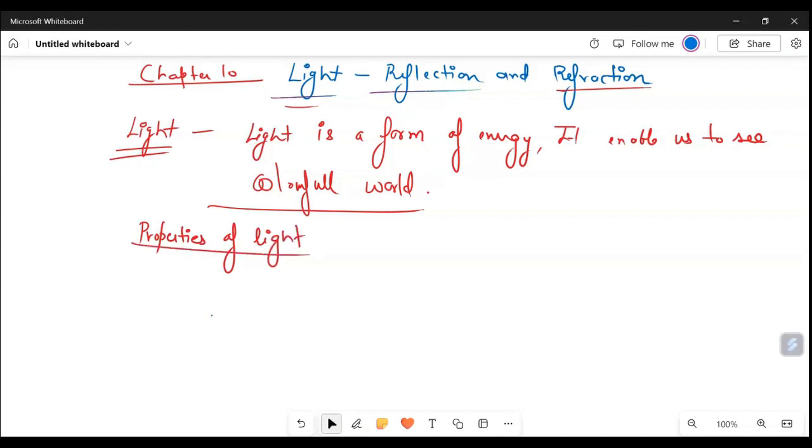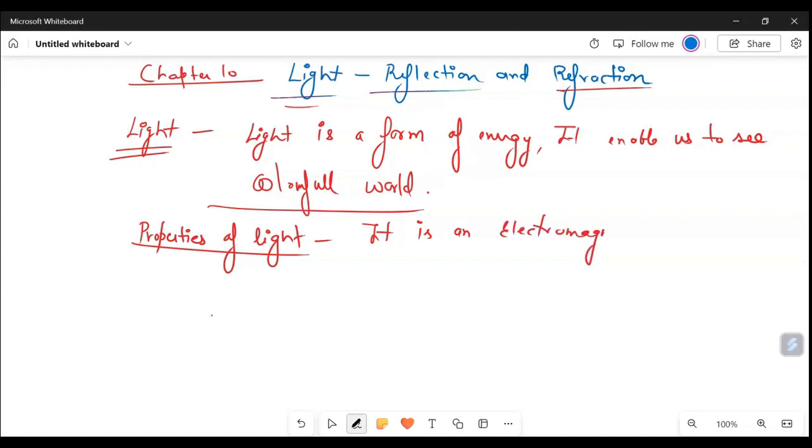You know about light, right? Light is considered an electromagnetic wave. We are going to discuss this topic more in class 12th, but first you need to understand that it is an electromagnetic wave. What is an electromagnetic wave?